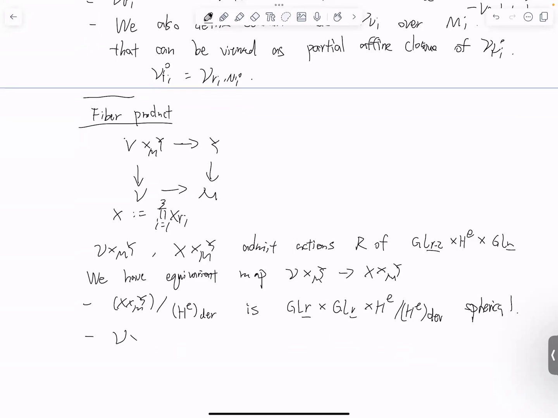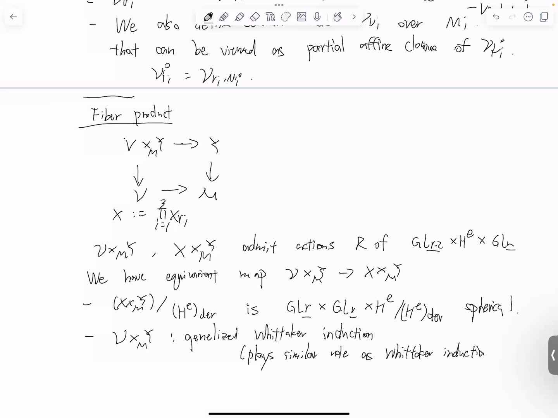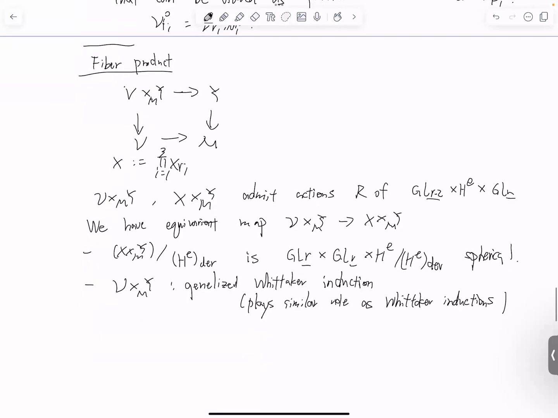And then we say that this fiber product is a generalized Whittaker induction, which plays a similar role as Whittaker inductions, or say hyperspherical varieties.